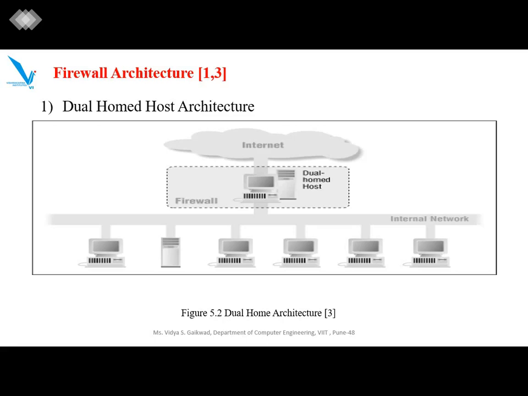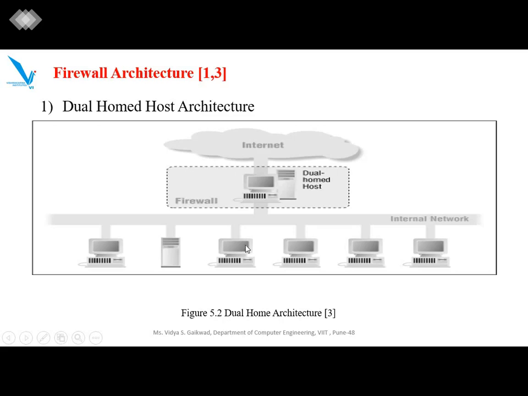Therefore, IP packets from one network, for example, external network or internet, are not directly routed to the other network. Right? Since this dual home host is not working as a router, the packets which are coming from the internet or outer network or external network are not directly directed to the internal network.